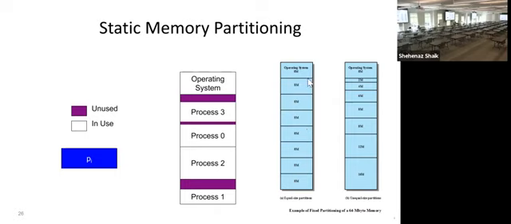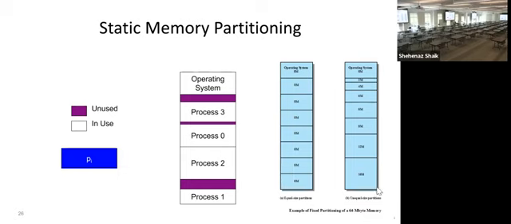But with this approach, one difficulty is to come up with a partition size that would be sufficient for most or nearly all the processes that need to be executed on the operating system. So that is a difficulty with this approach.